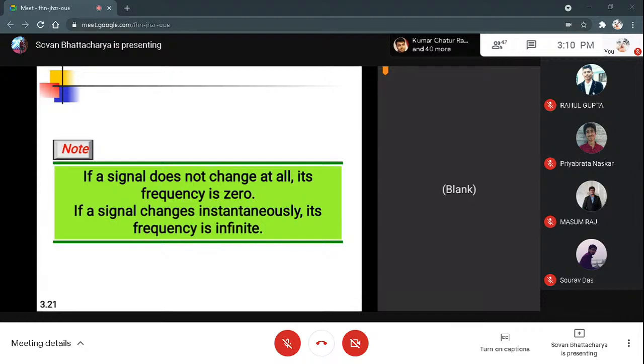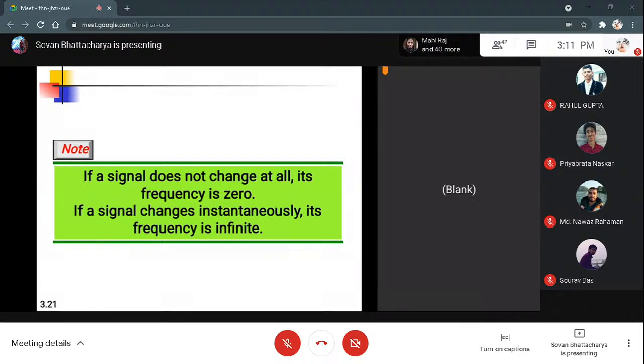Or if the signal changes instantly, the frequency is infinite.